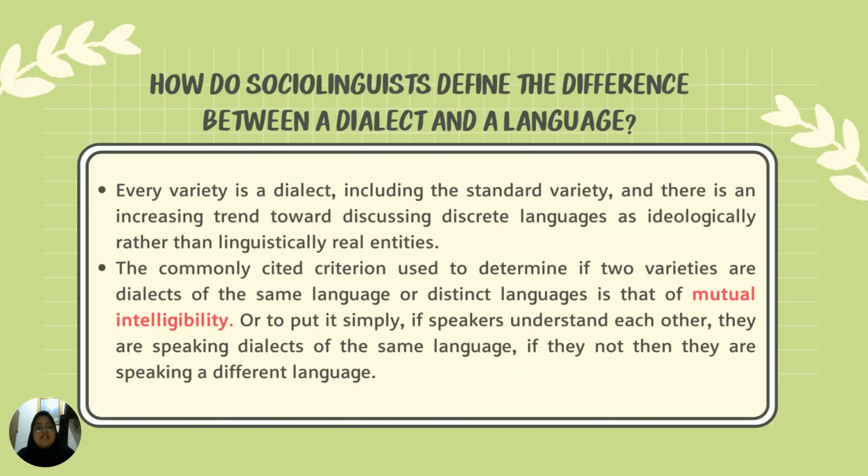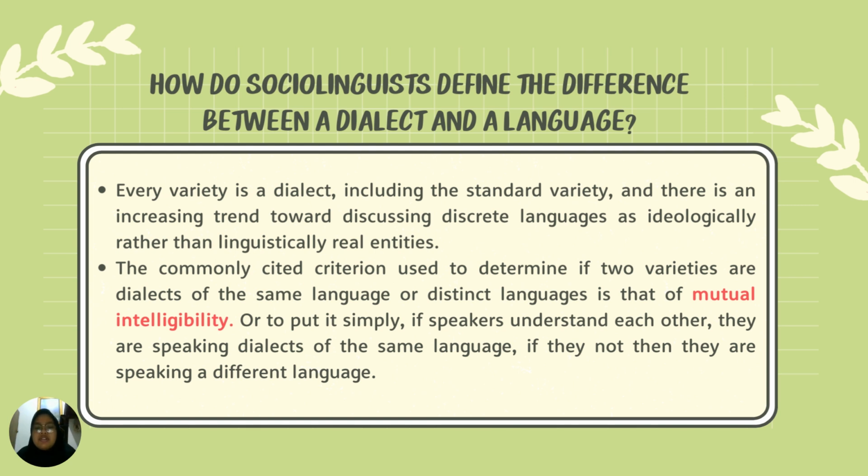Okay, first thing first, I would like to discuss how sociolinguists define the difference between a dialect and a language. Every variety is a dialect, including the standard variety, and there is an increasing trend toward discussing discrete languages as ideologically rather than linguistically real entities.